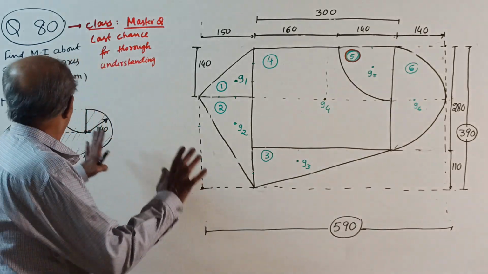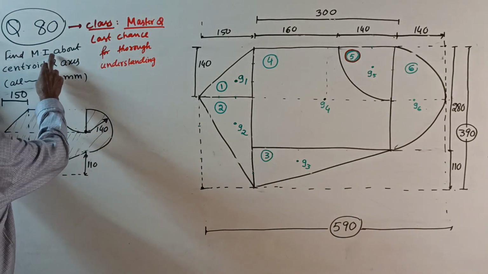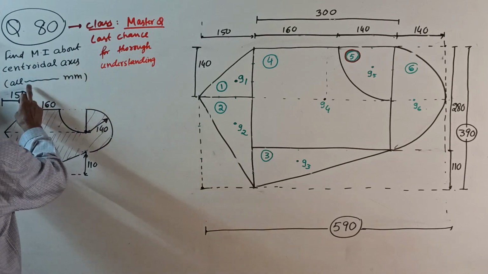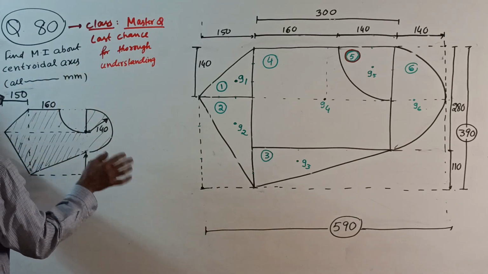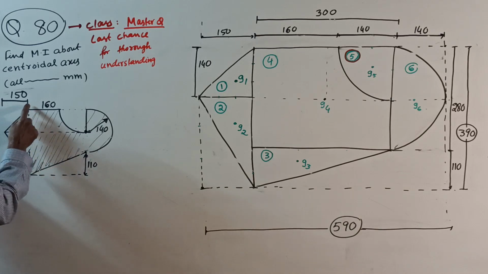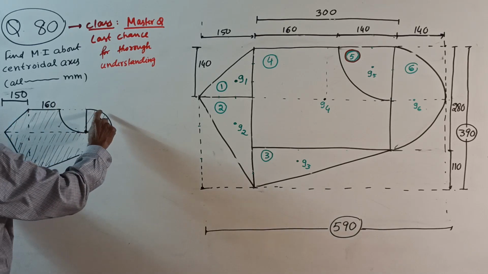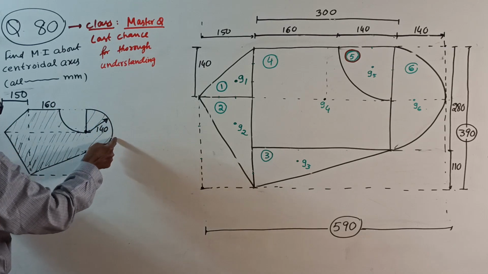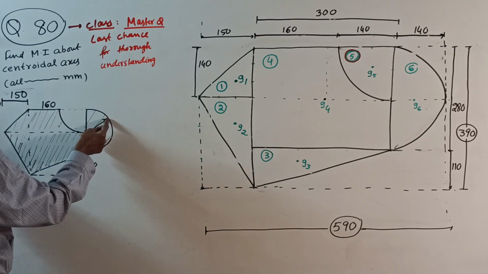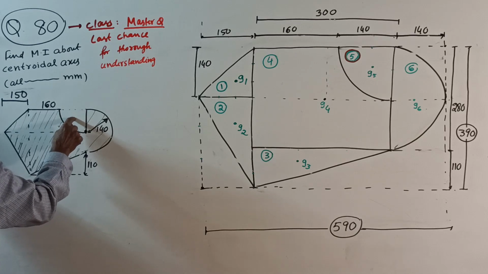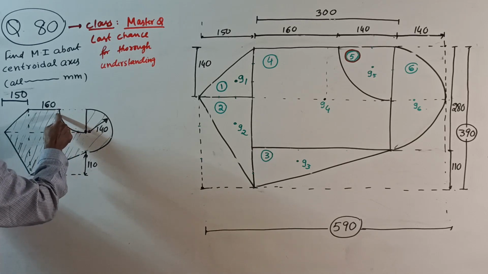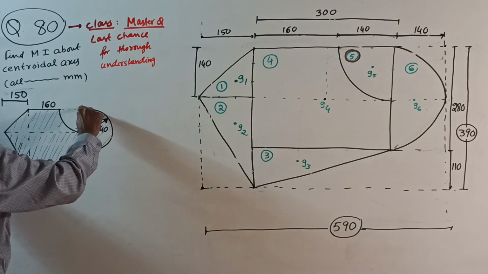So the question is, find moment of inertia about the centroidal axis, all in millimeter. See, the shape is here. Here, 150, 160. This is a semicircle of radius 140. This is an empty portion. The hatched portion is there. This is a quadrant of a circle, the center here.